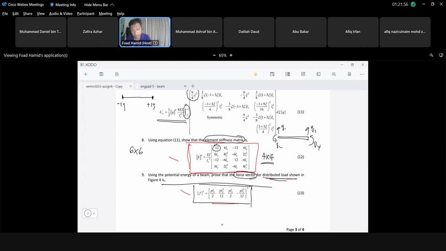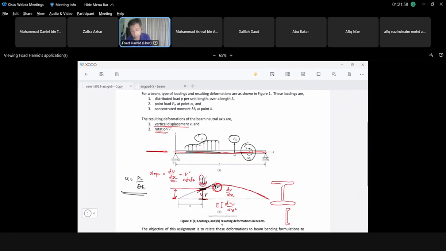But point load and point moment are applied at the global level once we assemble the matrix, because a point only involves the node point.